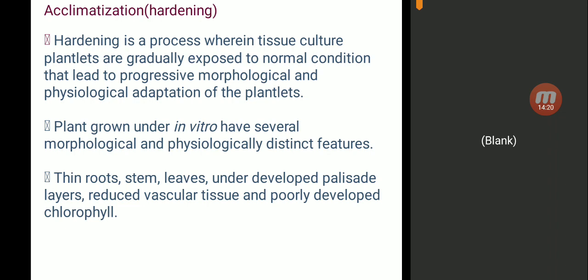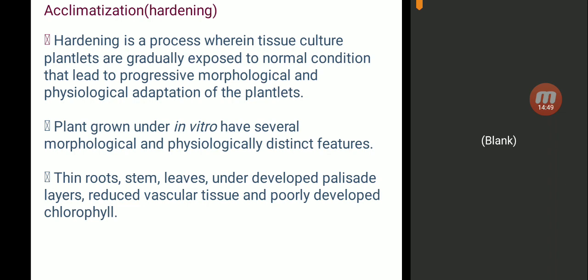In the same way, plants are also subjected to different stresses when they are transferred from one place to another. Here we are talking of the transfer of the plant from in vitro conditions to in vivo conditions, where the environment is totally different and the plant has to acclimatize itself for its survival, otherwise it will die. Therefore, hardening is generally used as the term for acclimatization.